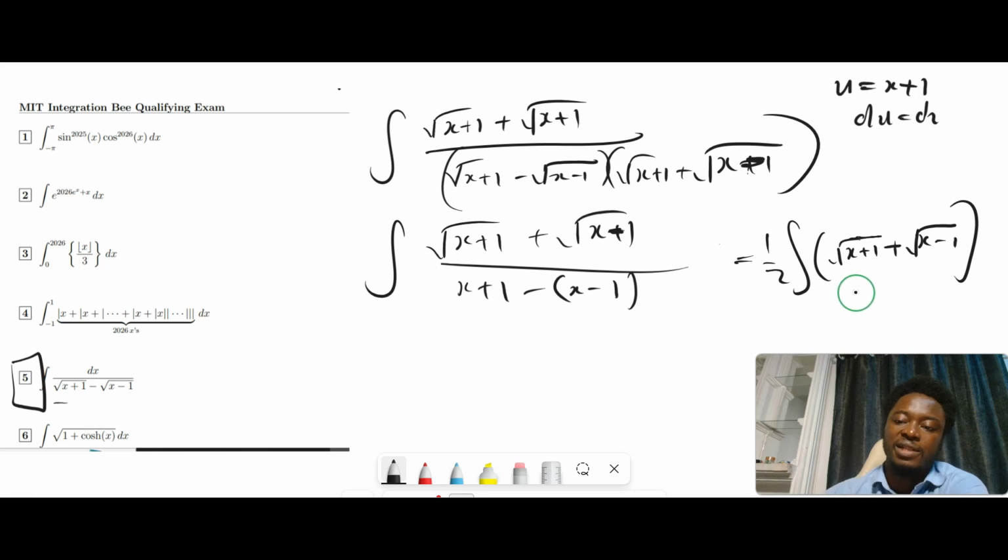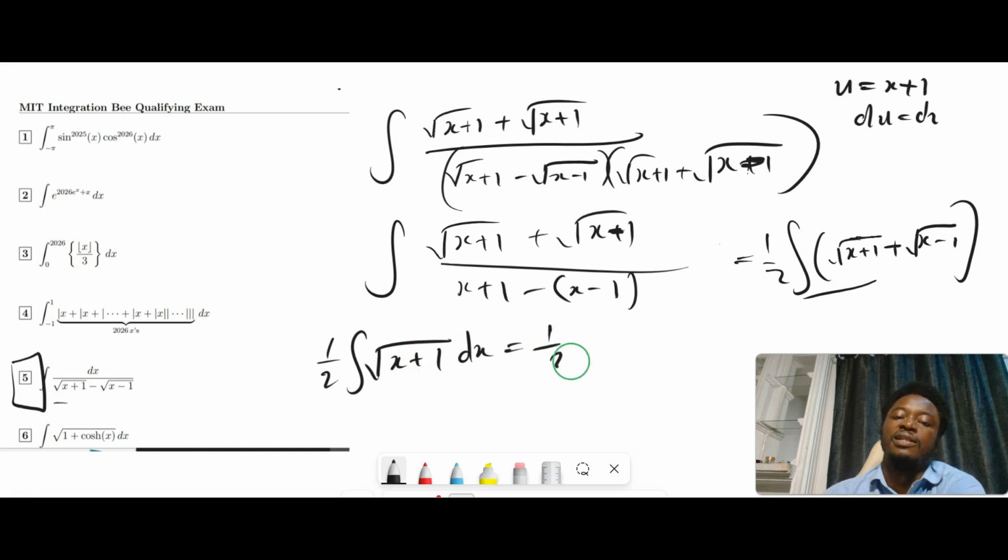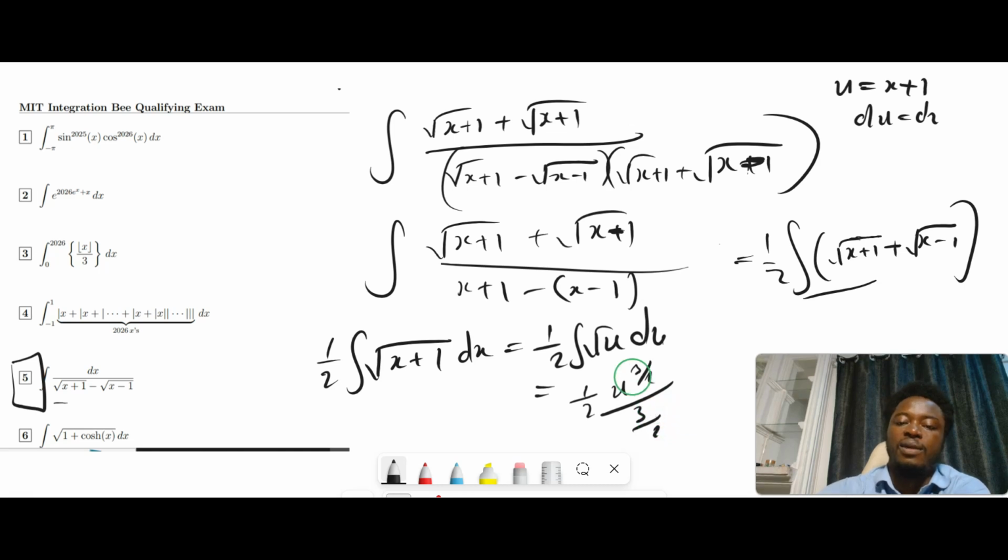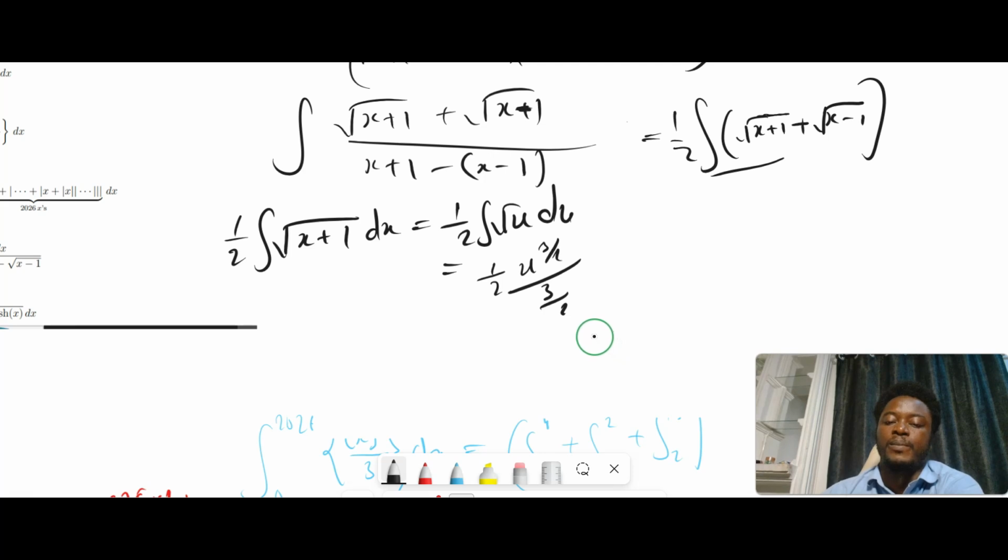So basically the first integral is half the integral of square root of x plus 1 dx, which is half times the integral of square root of u du, which is half times u to the power of 3 over 2 divided by 3 over 2, which is going to be 1/3 (x plus 1) to the power of 3 halves.